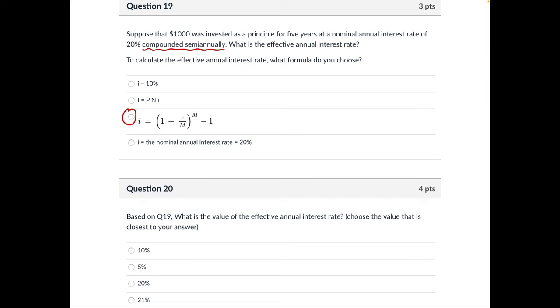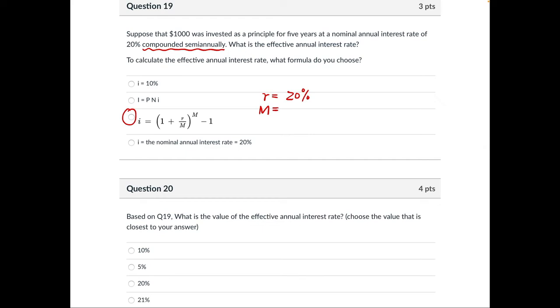That's the formula. But to get the answer correctly, you need to determine what is R, what is M. Okay? R, by definition, is the nominal annual interest rate. So it's 20%. But M is number of interest periods, because it's compounded every half year.